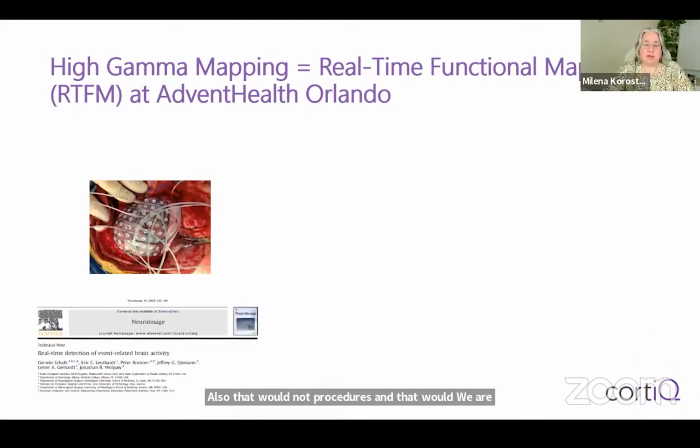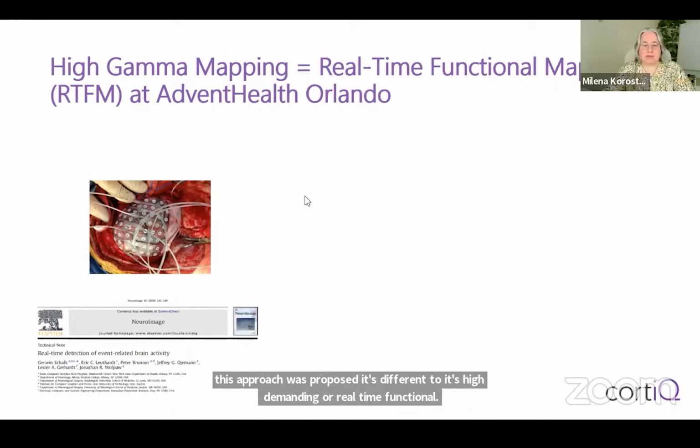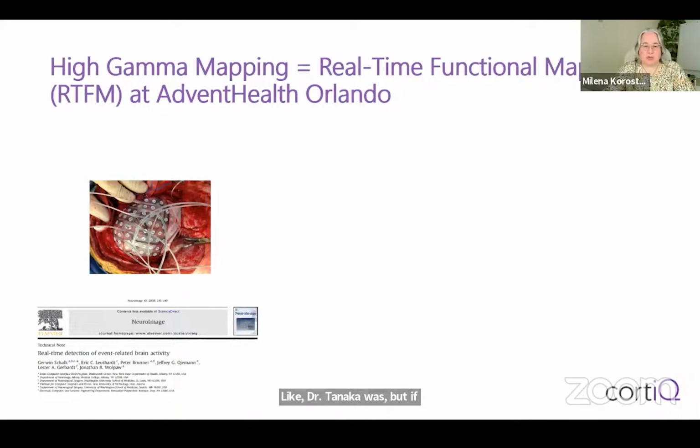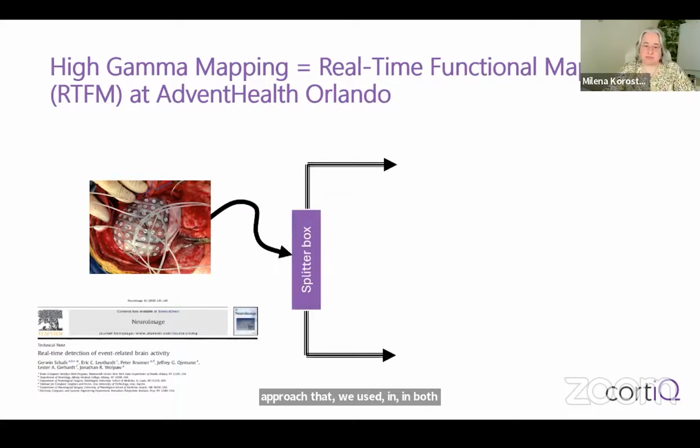So, this approach was proposed, and it's referred to as high gamma mapping or real-time functional mapping, or CFM, like Dr. Tanaka was referring to it. This is the approach that we used in both places where I worked.